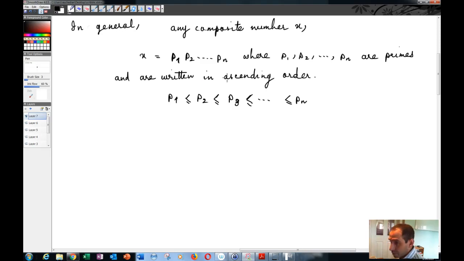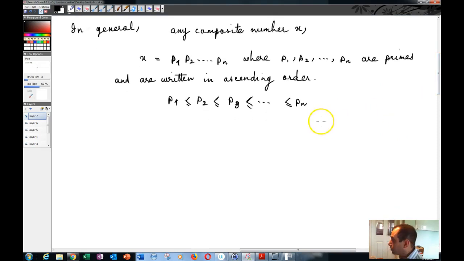Now that's all there is to the fundamental theorem of arithmetic. Very simply, any composite number that you might have, you can express or factorize as a product of primes, and this factorization is unique, apart from the order in which those factors can occur.